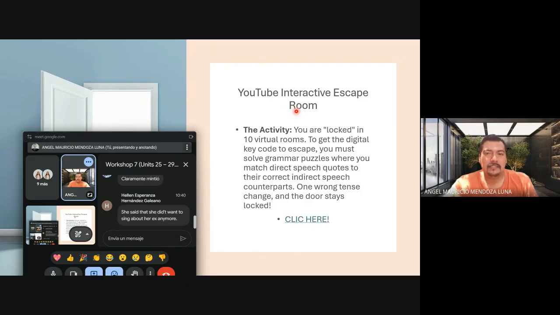The activity consists of you, my friends, selecting the best grammar choice from a YouTube quiz. Basically we are going to measure how many points you can get. Each grammar item represents a room you need to escape from.